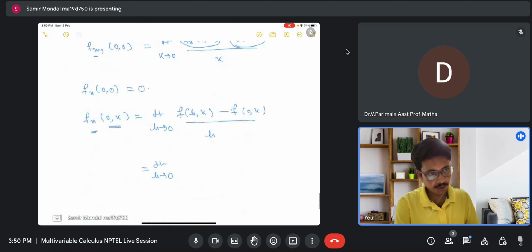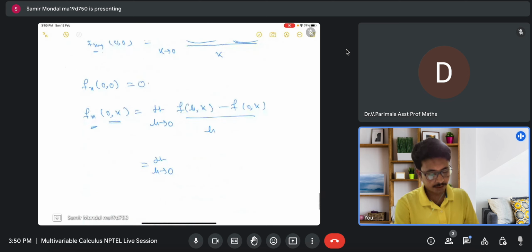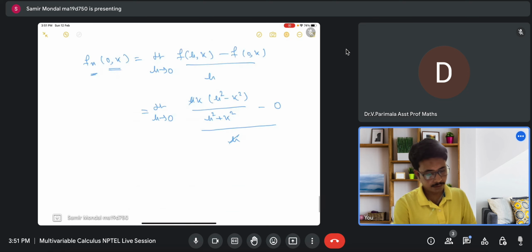So put the value here: hk(h² − k²)/(h² + k²), minus f(0,k) which is 0, divided by h, so the h will cancel out. Ultimately we will get −k.